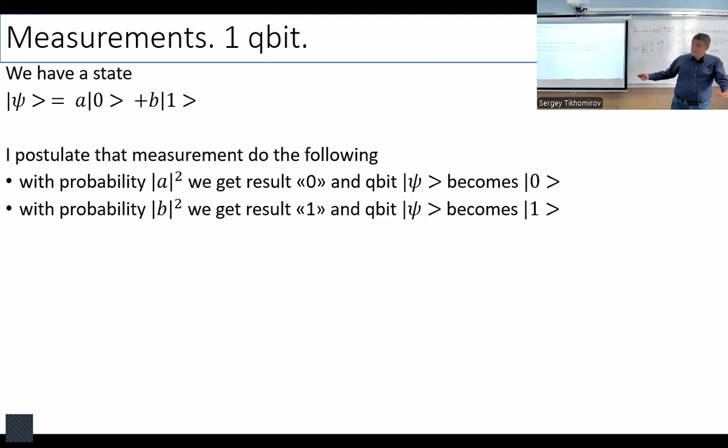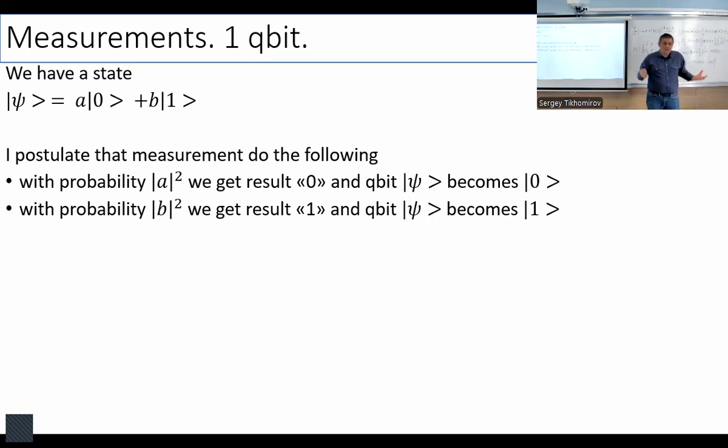With probability absolute value of A squared, I get result 0, and psi is forced to become 0. And with probability B squared, I will read 1, and read here means I read to my classical world, to outside of the quantum computer.